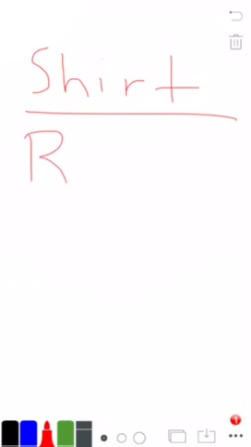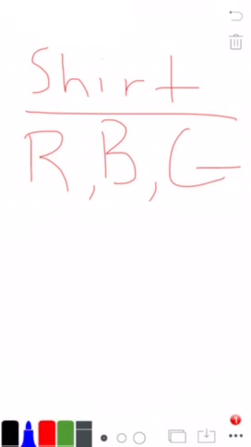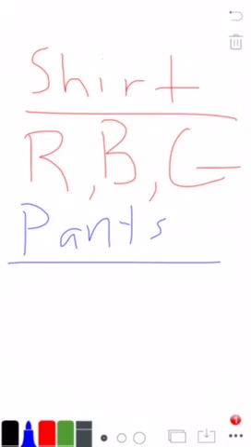So for your shirt colors, you have red, blue, and green. For your pants, you can have black or gray.